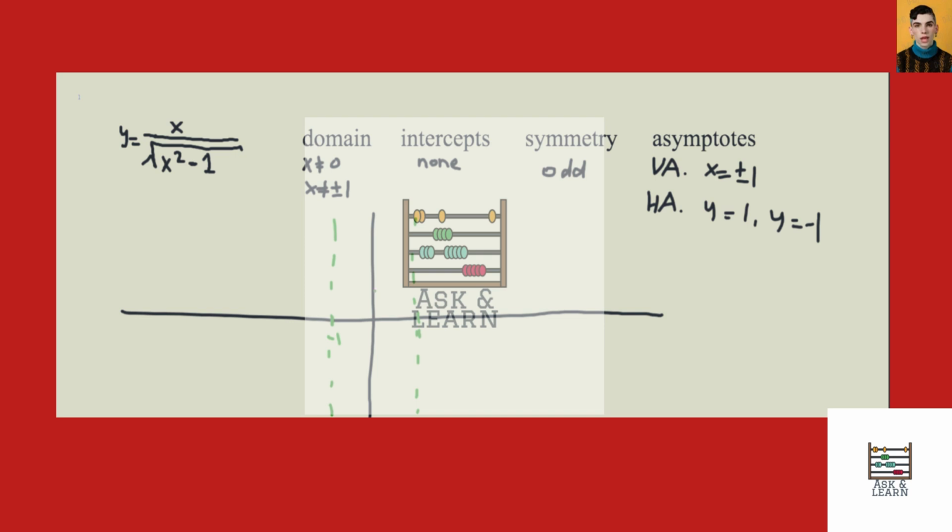And we also know that y is 1 and negative 1, those are our horizontal asymptotes. And that's where our function can lie. That's how you graph that.